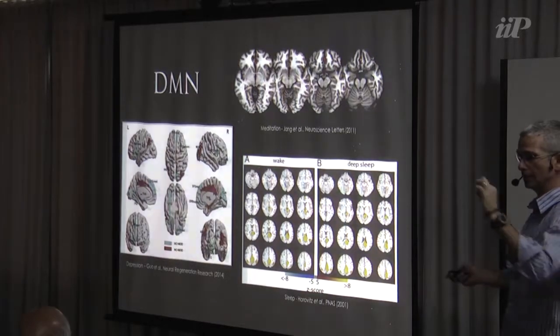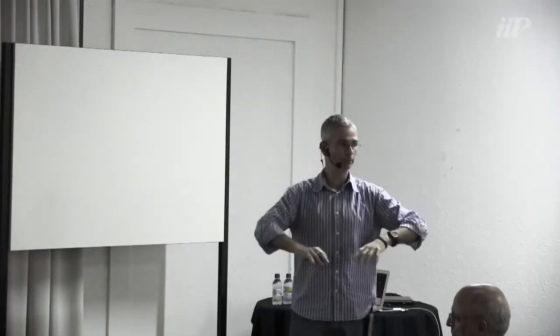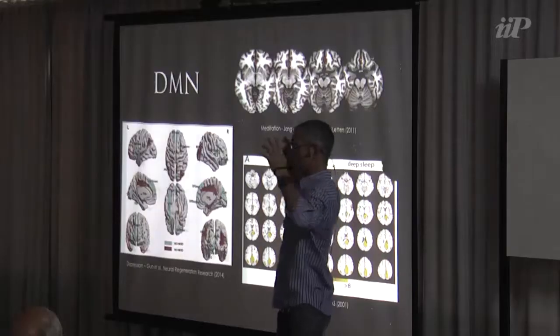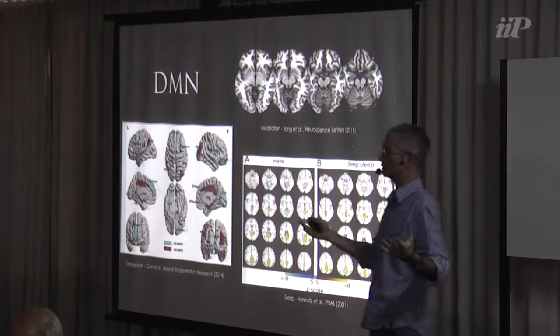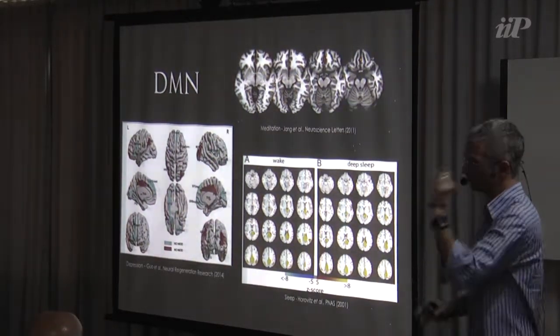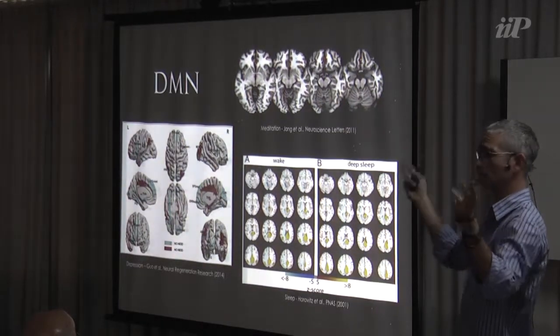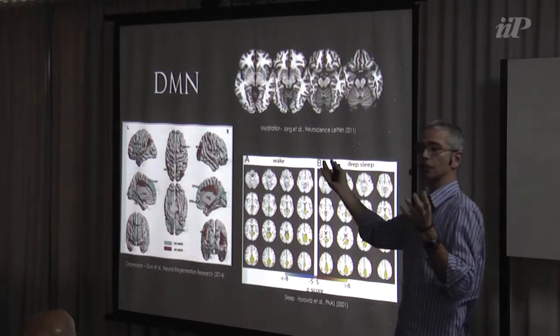You place a seed in a specific area, and then consistently for many different individuals, in many different areas and different countries, whenever you place a seed there, it will be functionally correlated to these other areas.